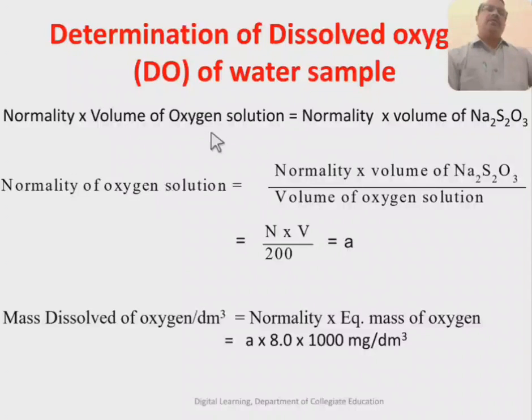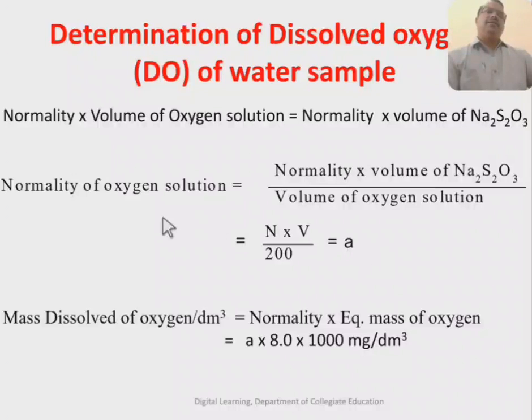Therefore, normality of the oxygen solution is equal to normality into volume of sodium thiosulfate divided by the volume of the oxygen solution. So that is equal to N into V divided by 200, where 200 is the volume of the water sample taken. The value will be approximately A.